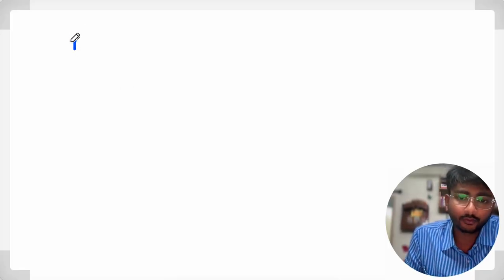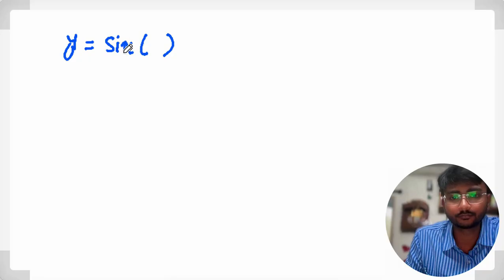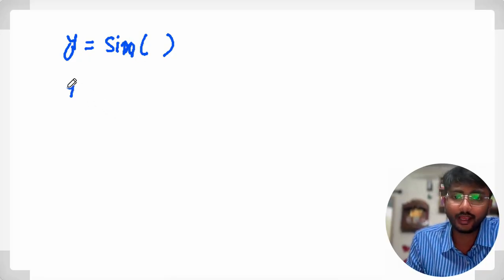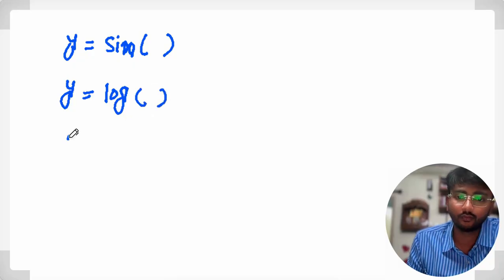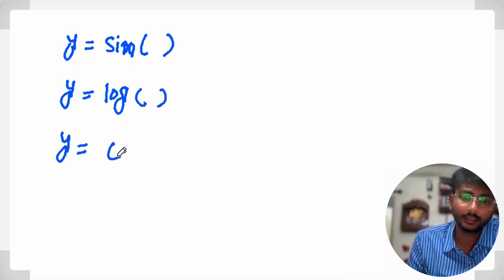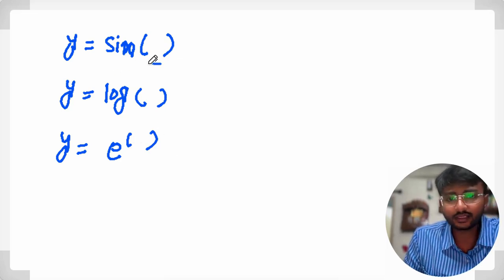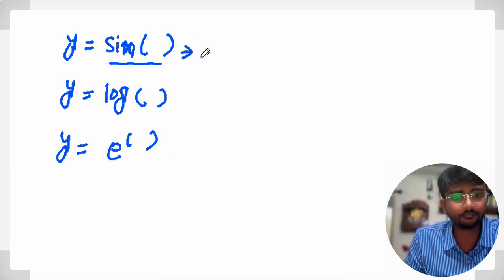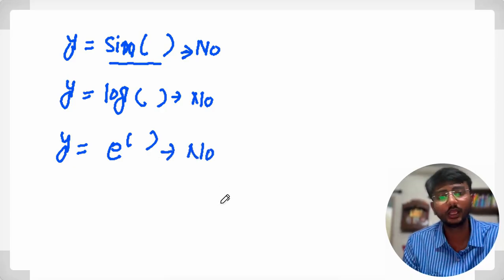See, if I write y equal to sine of something, y equal to log of something, y equal to e to the power something. See, sine of something will be a number, log of something will be a number, and e to the power something will be a number.